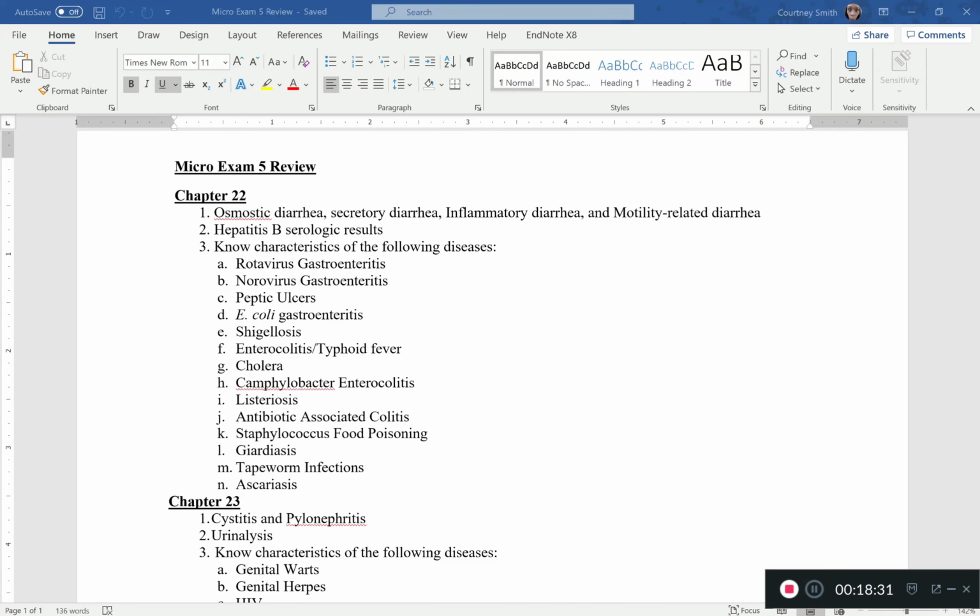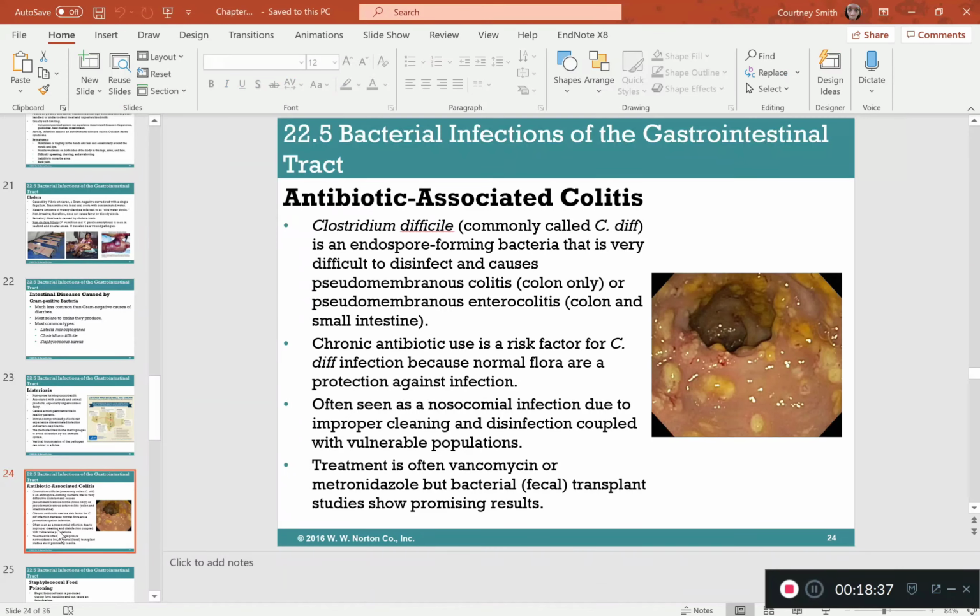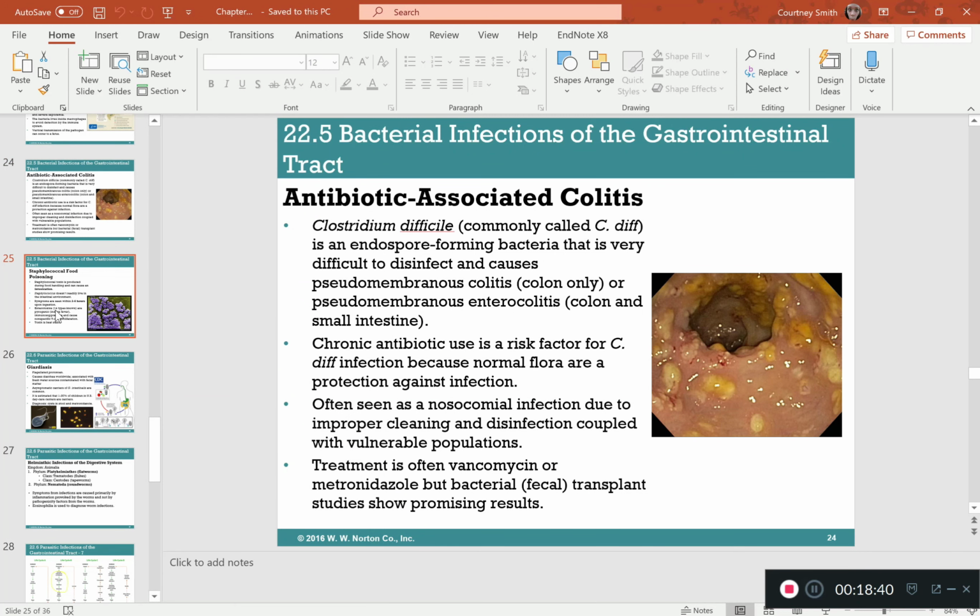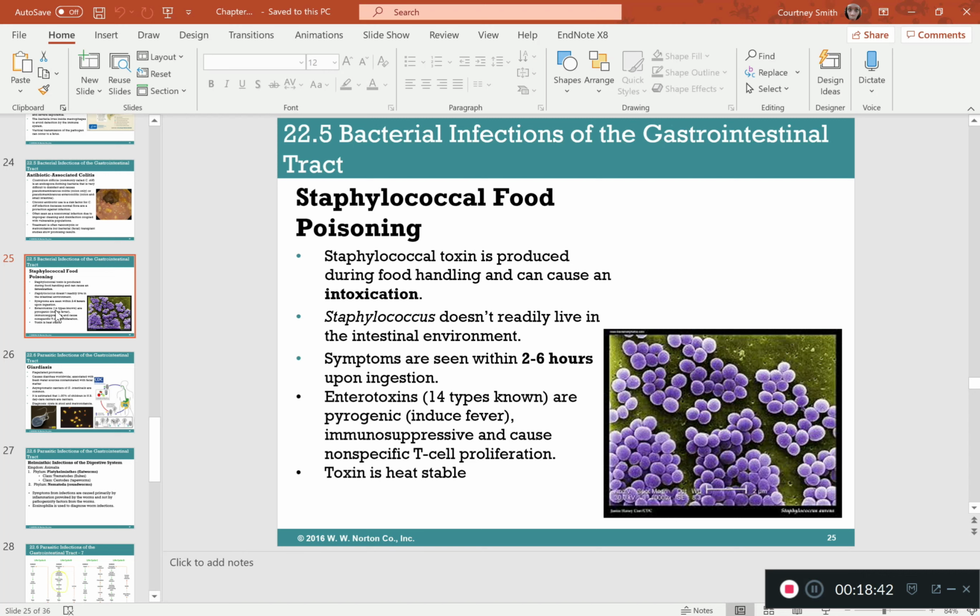Okay, what's next? So we're going to talk about staph food poisoning real quick. So with Staphylococcus food poisoning, it's actually not the bacteria that is causing any harm because of the fact that it doesn't live inside the intestinal environment very easily. But what can live inside the intestinal environment very easily is the toxin.